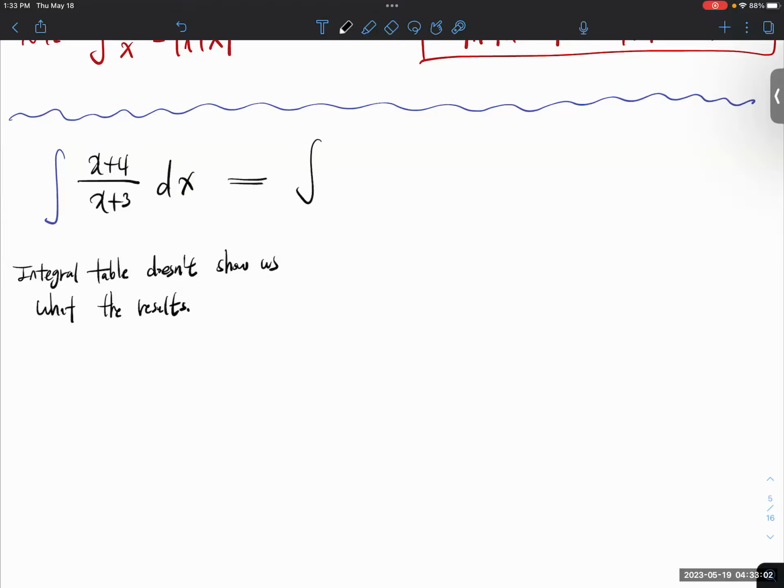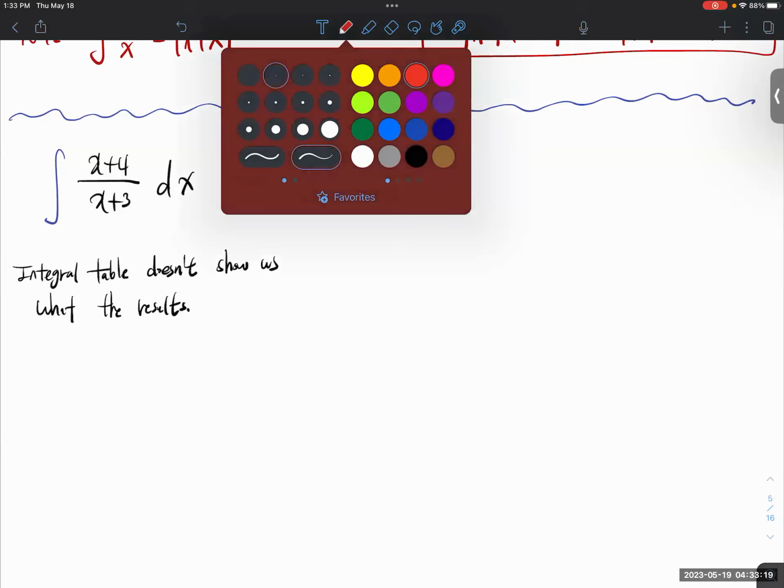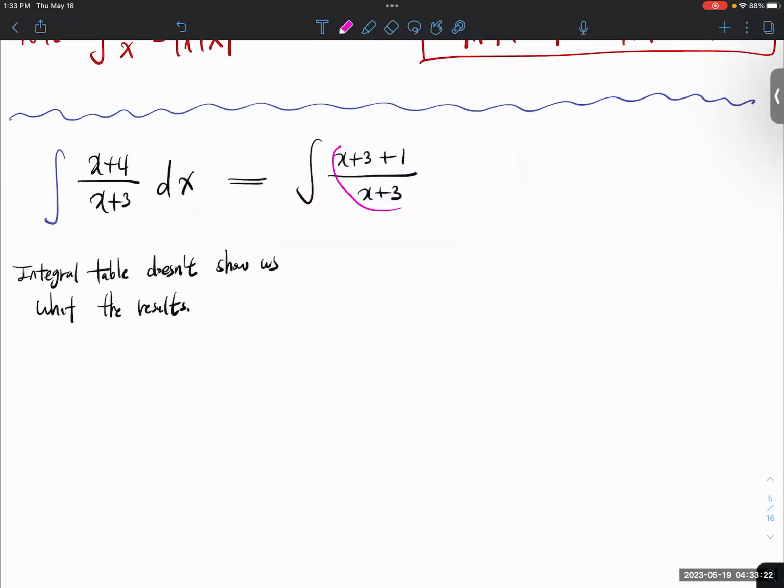So x plus 4 is a little bit heavier than x plus 3. So maybe I can rewrite it. x plus 4 is the same as x plus 3 plus 1 on top, over x plus 3. What if we break them into two fractions? Do you remember that if you have (a plus b) over 3, it's the same as a over 3 plus b over 3?